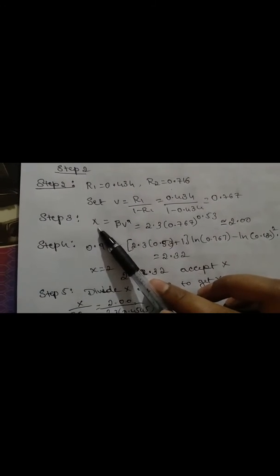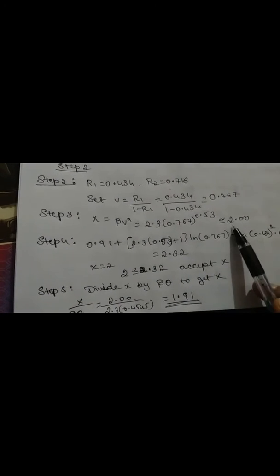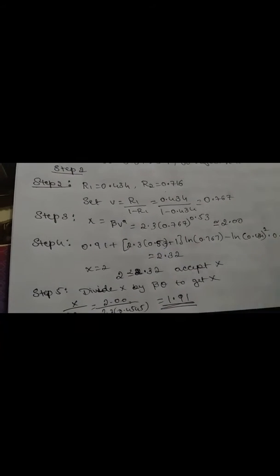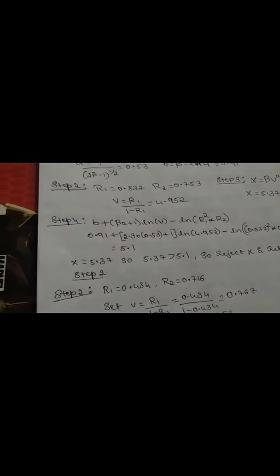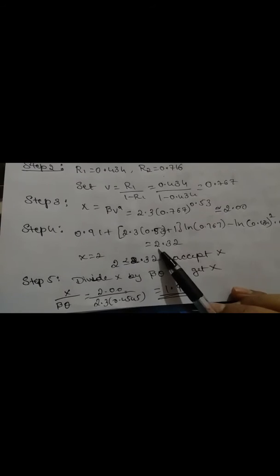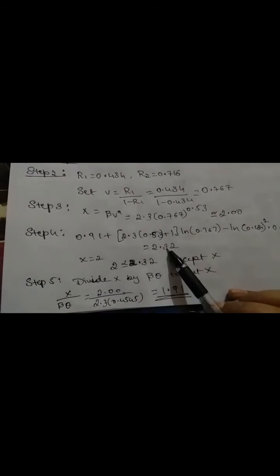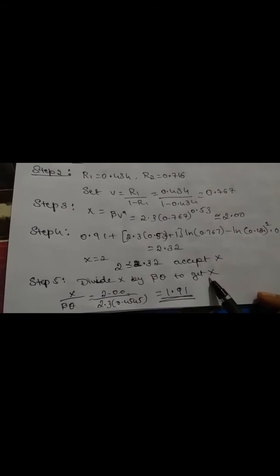Find the value of X, that is beta V power a. With the V value, a value and beta value, approximately you will get 2.00. Next, find the value for the threshold formula. I have got it as 2.32. The X we calculated is 2, and 2 is less than or equal to 2.32, so accept X. Directly I cannot write the value of X as your gamma variate.